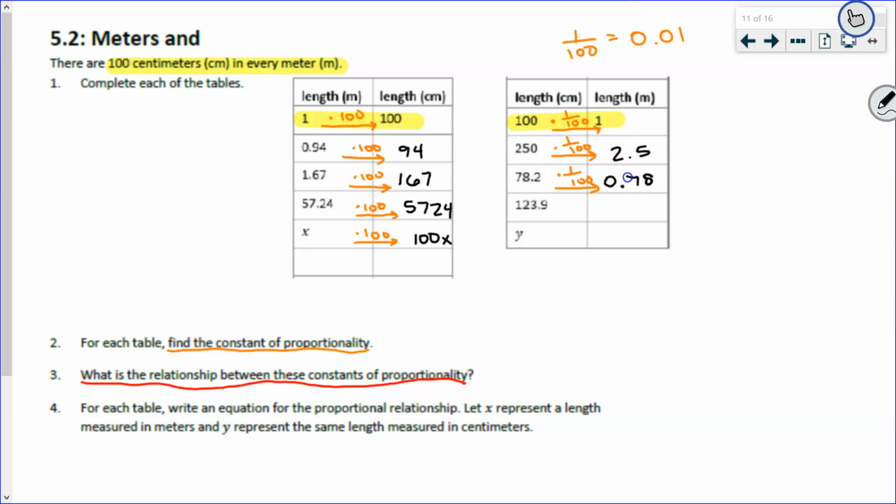Yeah, thank you for fixing that. 0.782 or 782 thousandths. And when I take this 123.9 and I multiply it by 1/100th, I get what, CJ? 1.239 or 1 and 239 thousandths.